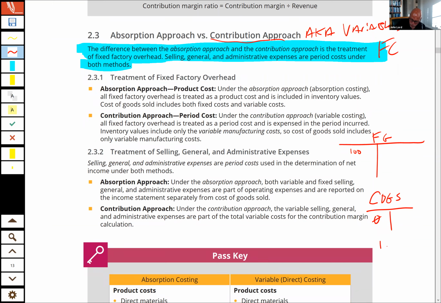And so my revenue is 0. My cost of goods sold is 0. I'm just going to ignore selling and administrative expenses. And so my net income is what? 0. Right. Okay, good. Now, what we would do under the contribution approach is we would say revenue is 0.